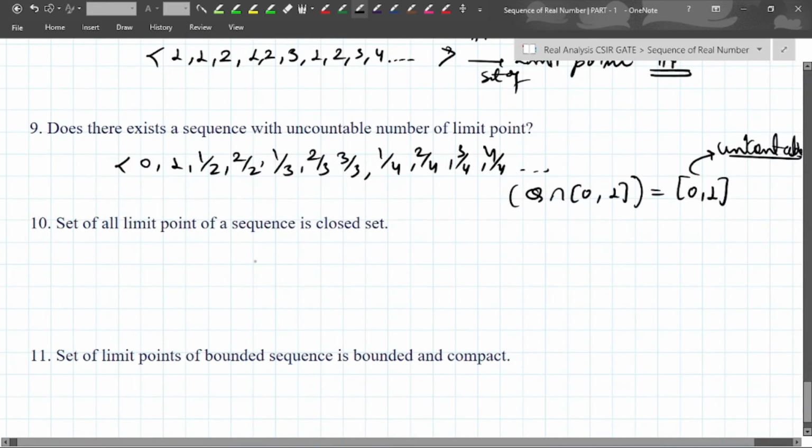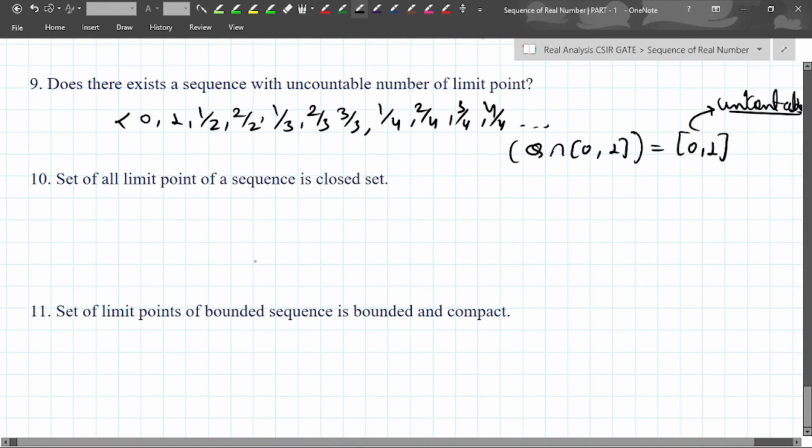Now, the set of limit points of a sequence is closed, that is the derived set. Let A' be the set of all limit points. If a belongs to A', this is called the derived set.